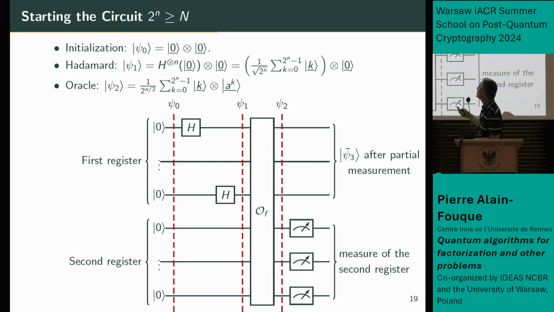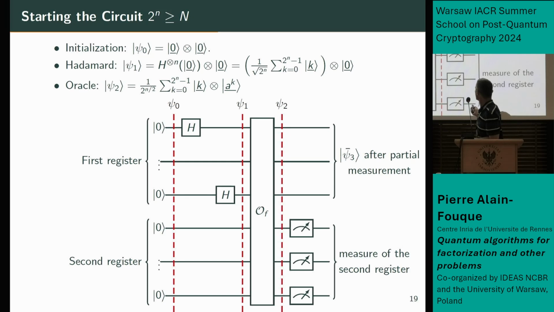And right after the oracle gate, we get here the value k, because the first register is not affected by this gate, and on the other side here, you will get a to the k mod n. Okay, so this is the value here. Okay, it's clear?